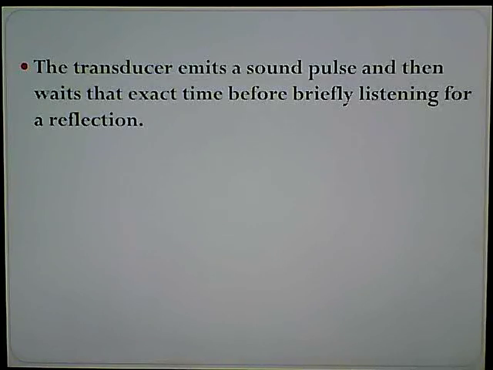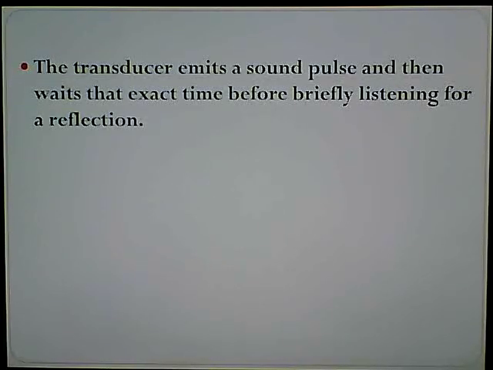The transducer emits a sound pulse and then waits that exact time before briefly listening for a reflection. In other words, we put the gate out there and we time everything to that gate. If it's shallower, if it's deeper, that's all going to make sense. We're not just sending it out there across both walls of the vessel and everything that comes back.